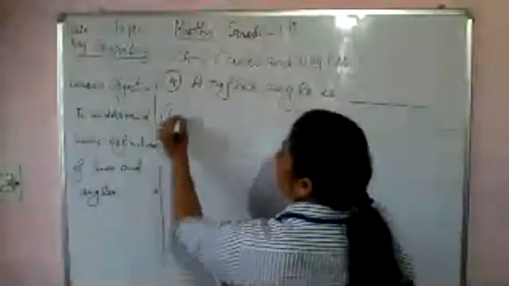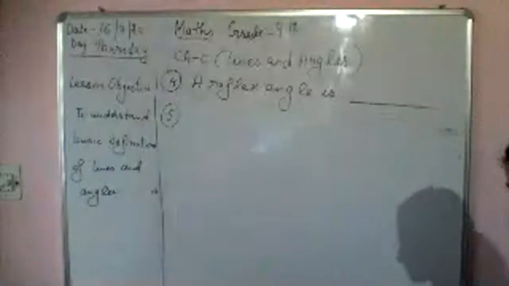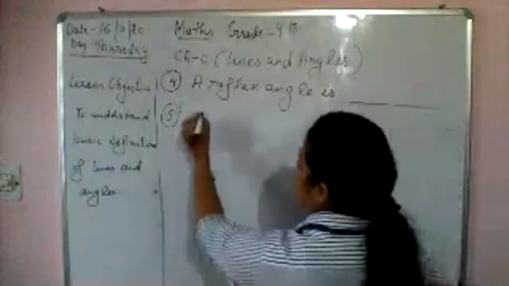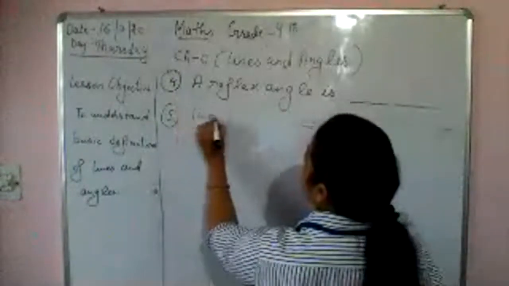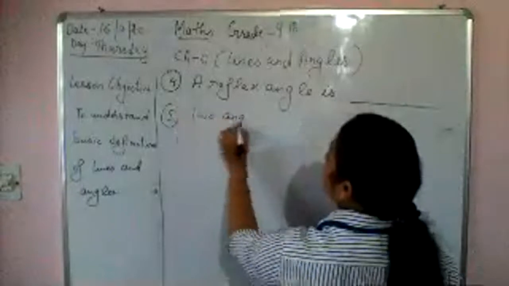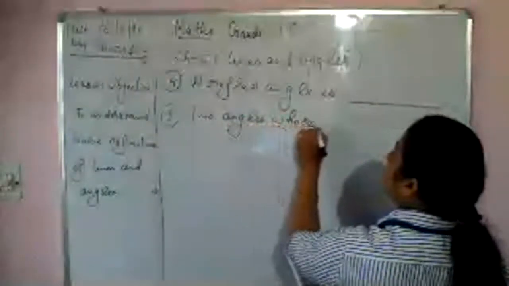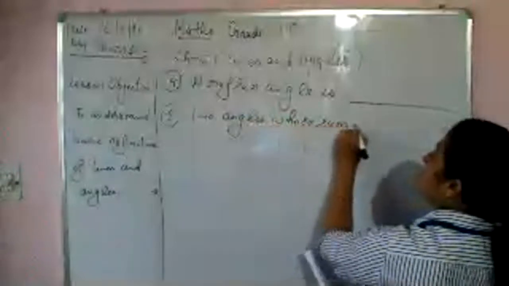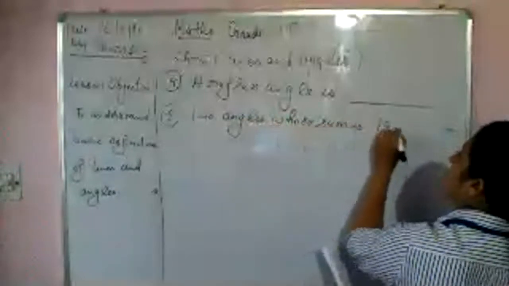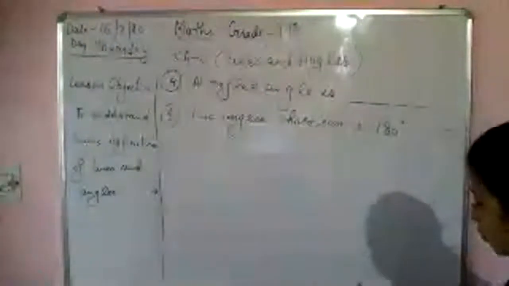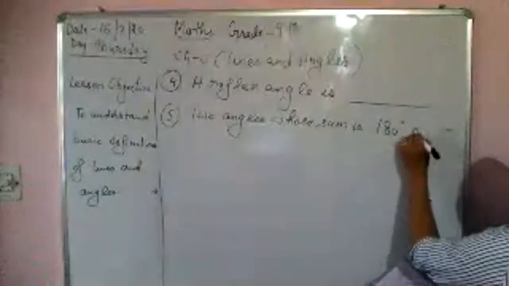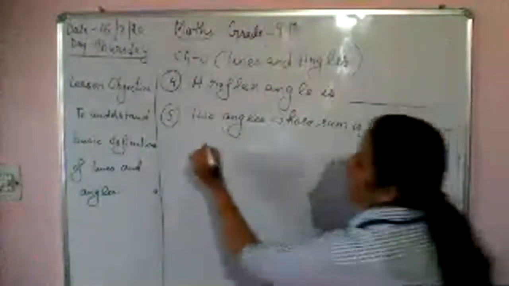Fifth, two angles whose sum is 180-degree, they are called.